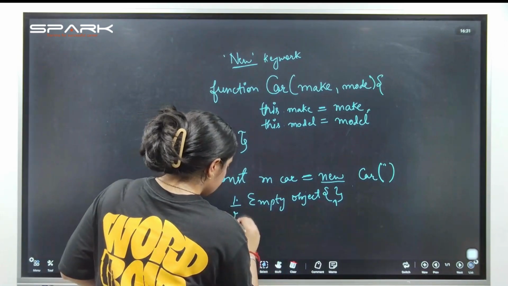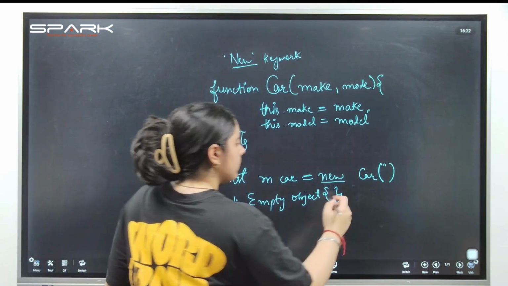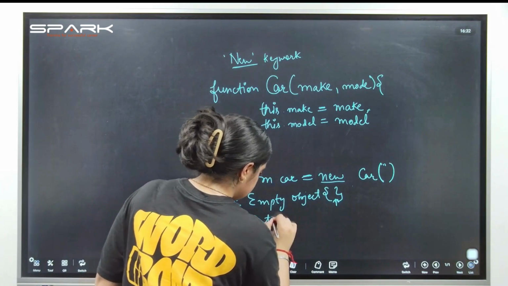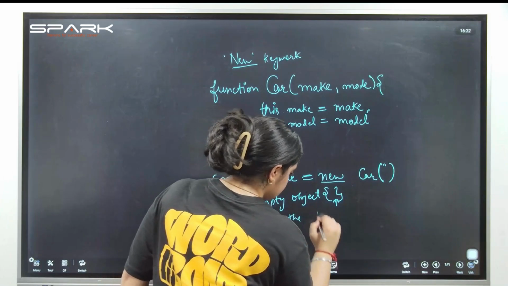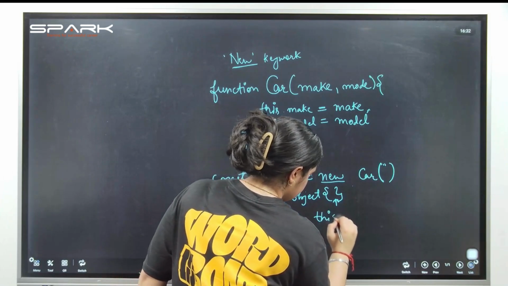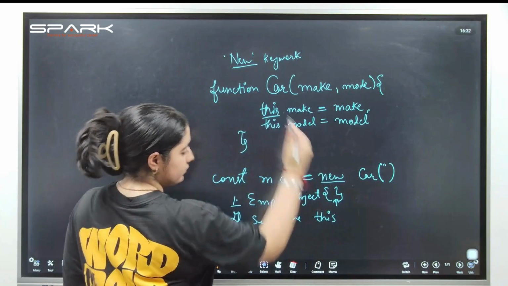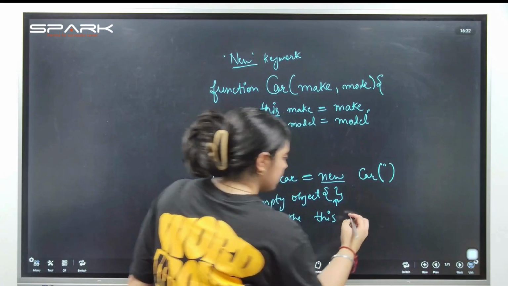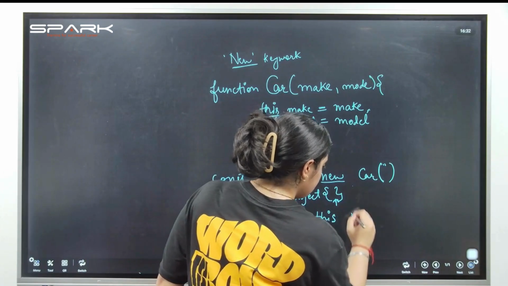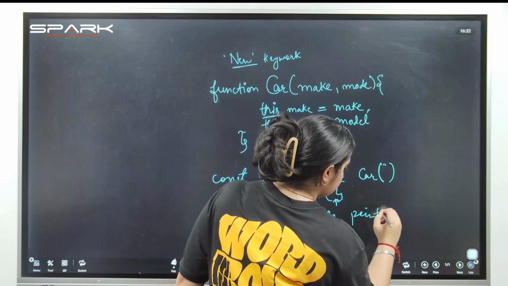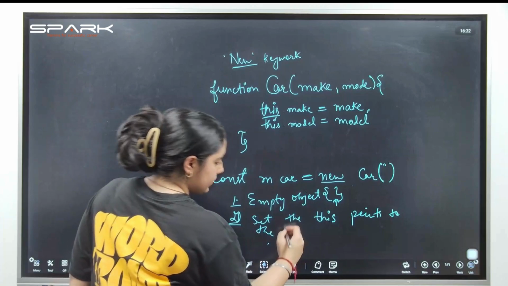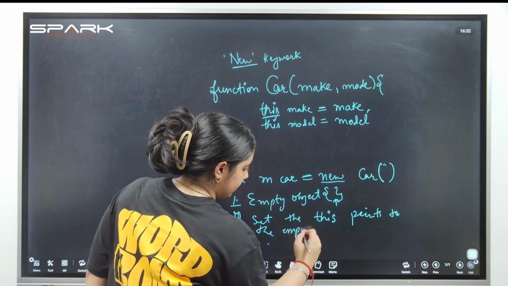The next step is that it sets the this value to point to the empty object that was just created.